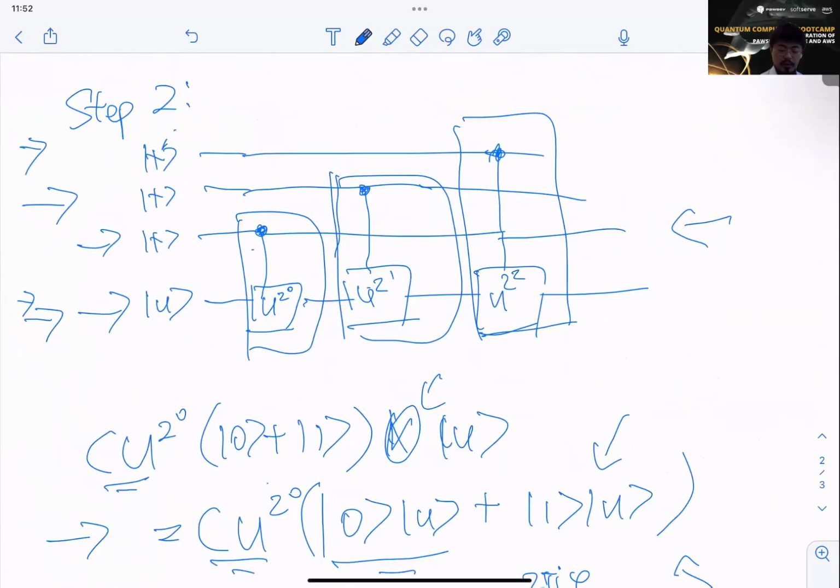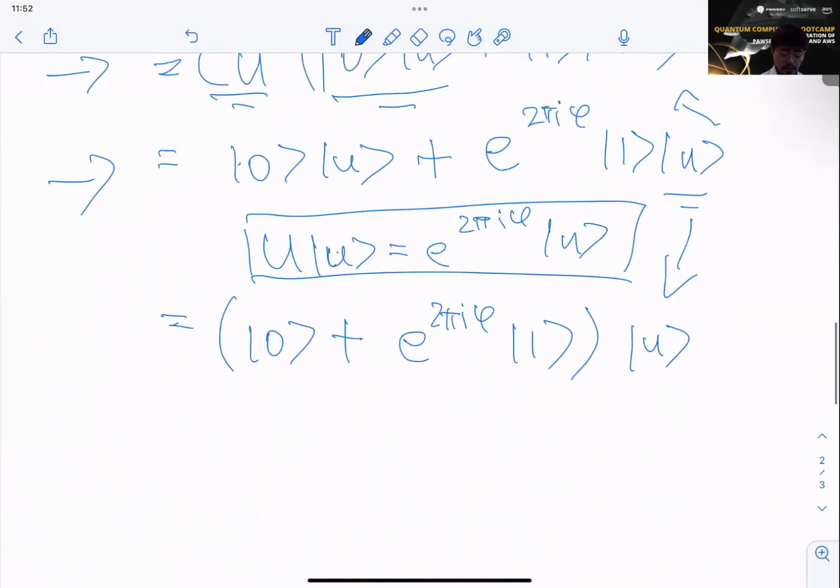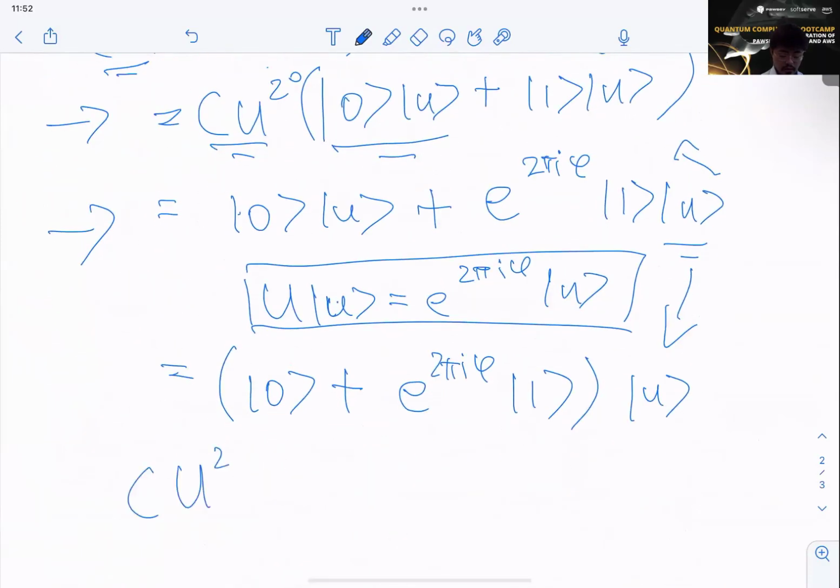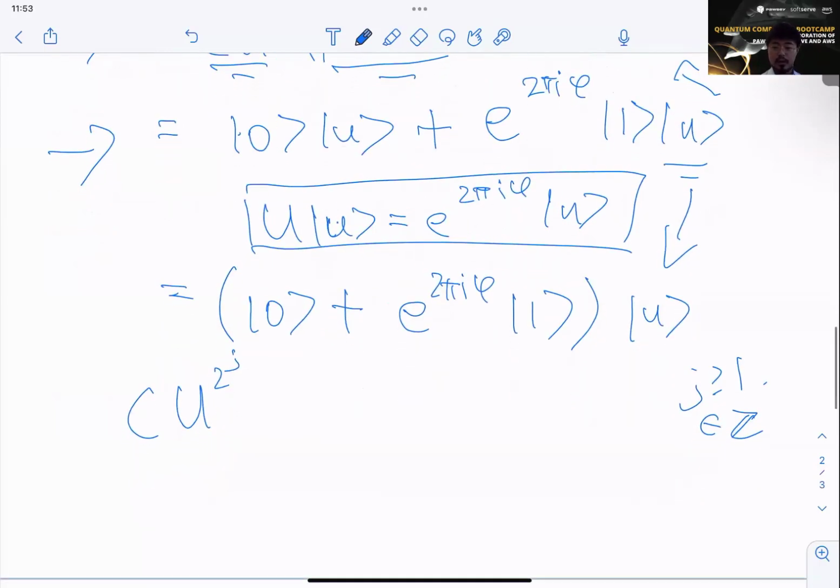Now we want to think about what happens for CU^j. For j, I'm going to put basically anything above 1; j can be any integer.